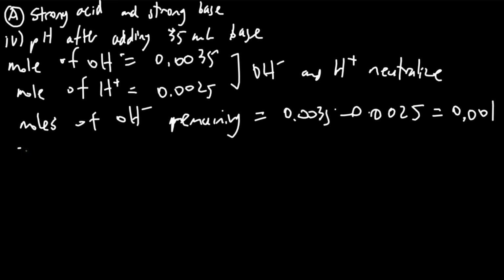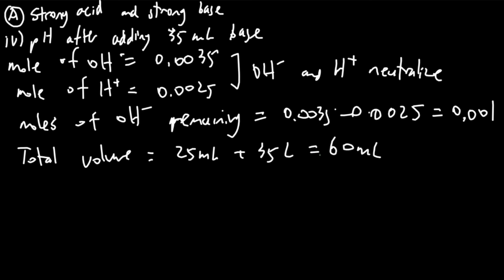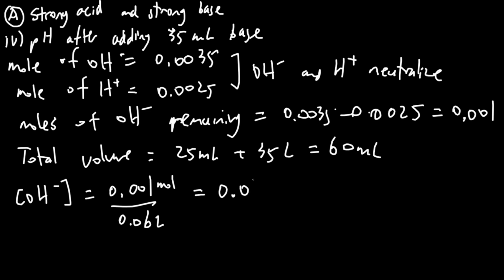So the total volume would be 25 milliliters of the acid plus 35 milliliters of the base gives you 60 milliliters. Since you have the moles of OH minus, you can find the concentration. So moles of OH minus, 0.001, divided by 0.06 liters gives you a concentration of 0.01667 molar.